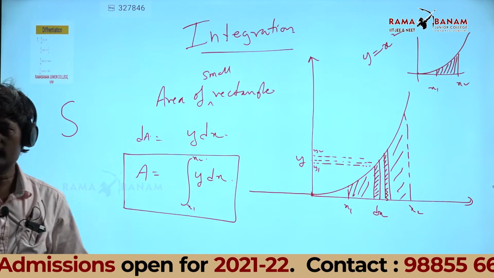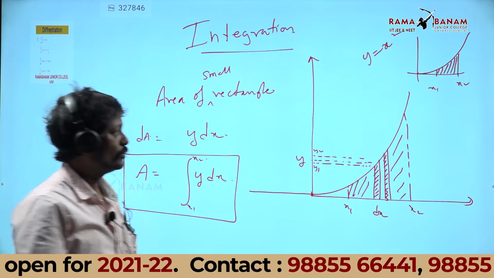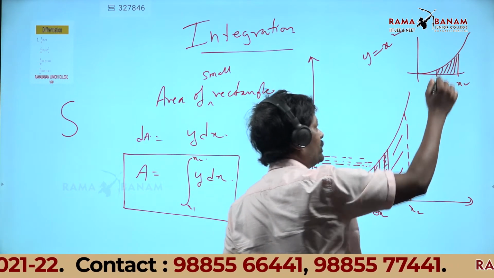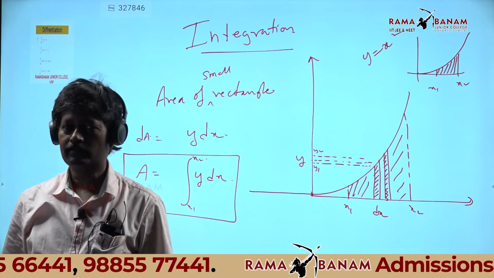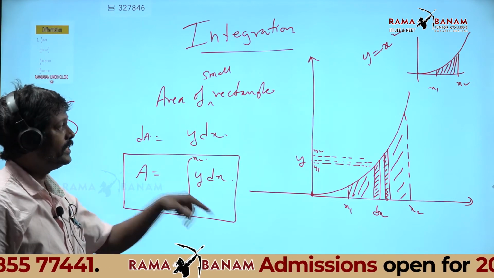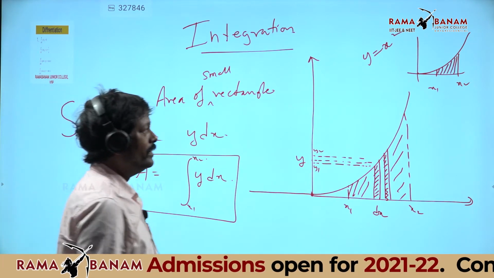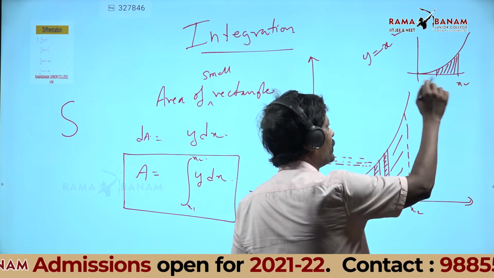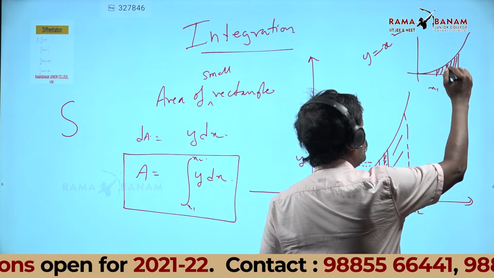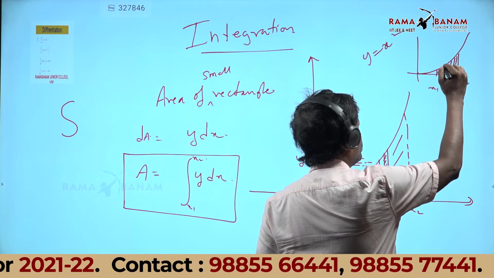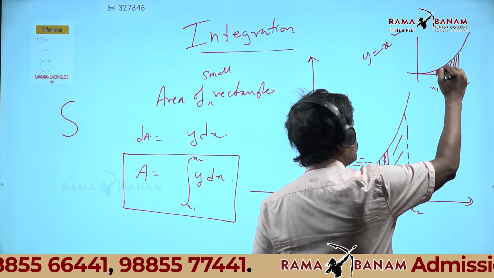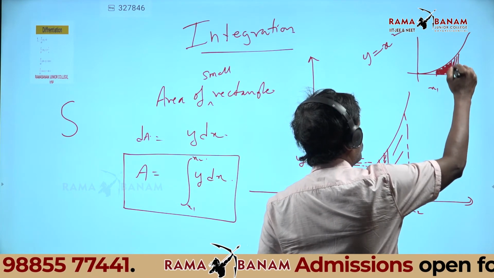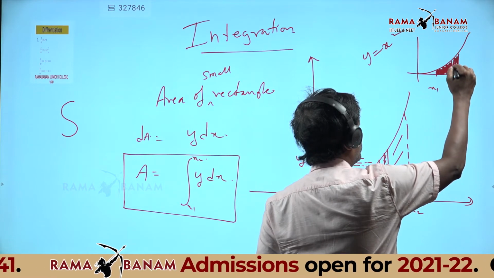It is not a trapezium, because you have a curve here, it is not a rectangle, it is not a triangle. Then how to find the area? You can find the area by the method of integration. A small strip I will take, find the area, then if I go on adding up all those strips, I will get the total area under the curve.